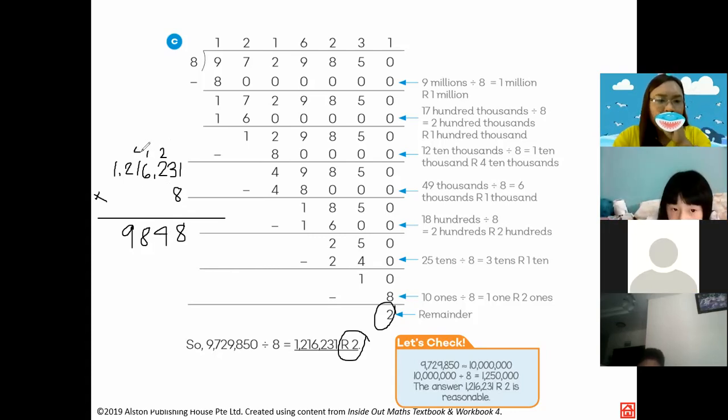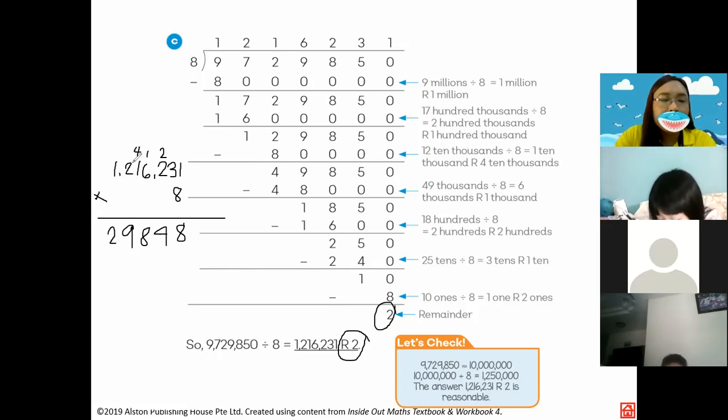Carry 4. So 8 multiplied by 1, that's 8 plus 4, that's 12. Carry 1. 8 multiplied by 2, that's 16 plus 1, 17. And 8 multiplied by 1, that's 8. Now we will add the remainder, which is 2.